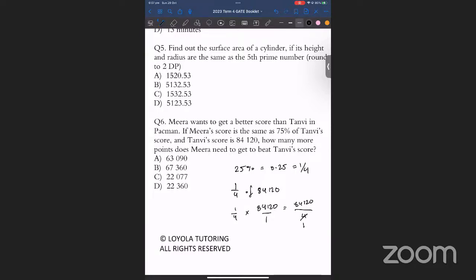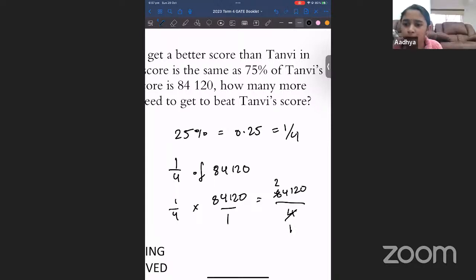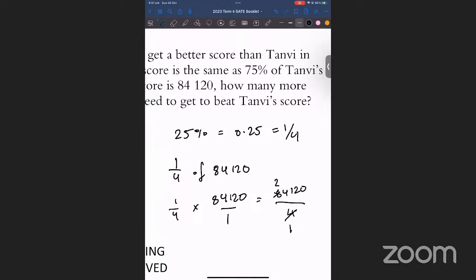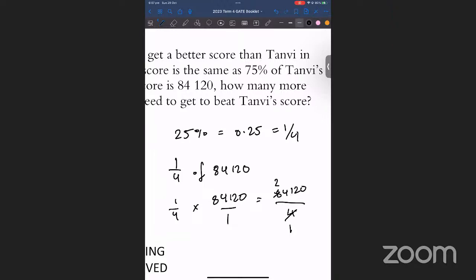Now, 4 goes into 4 one time. 4 goes into 8 how many times? 2 times, right? And how many times does 4 go into 4? One. Good.